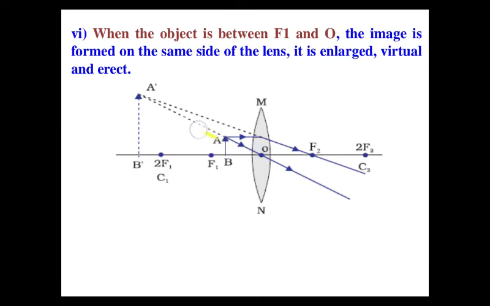That's why when we extend these rays of light backward, they seem to meet at a place here and the image will be formed at this place. But as this image is formed without the actual lines meeting, this image is virtual and erect. Again you can see this arrow cap on the upside and this arrow cap on the upside, so this is a virtual image. Secondly, it is formed on the same side of the convex lens, that's why also we can say it is a virtual image. And the size, you can see, is enlarged.